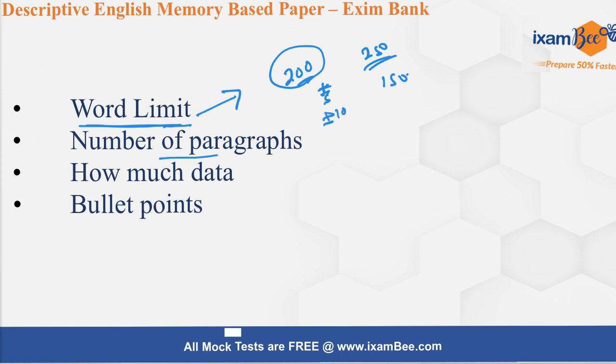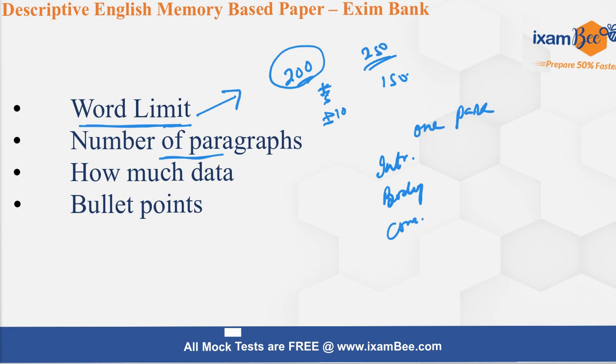Then how many paragraphs should there be? Sometimes the instruction says to write a paragraph on a topic. If it says write a paragraph, then only one paragraph would be there. But if they say write an essay, then intro, body, and conclusion. Three paragraphs can be there.